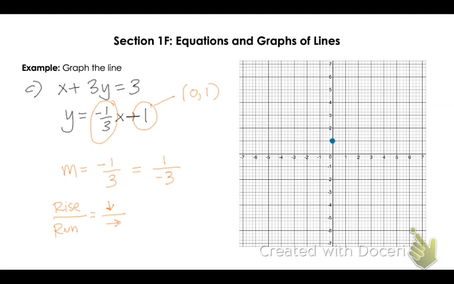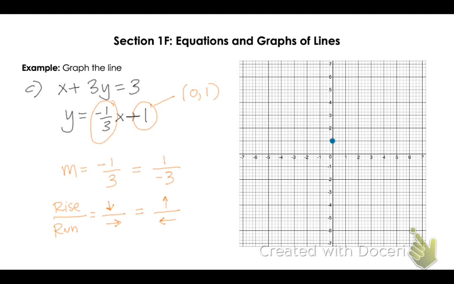So I can go down 1 and to the right 3, or if I think of it as 1/-3, I can choose to rise 1, that would be positive 1 would be up, and run -3, which would be up and to the left. And you'll see that no matter which one of those I pick, I'm going to land on the same line.